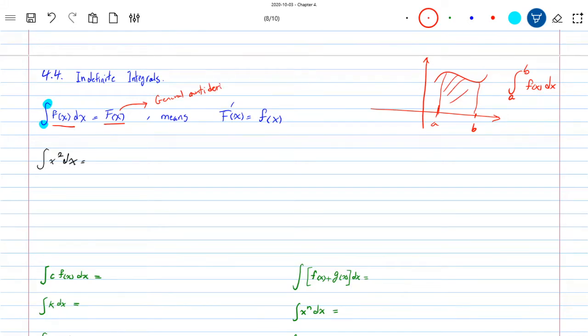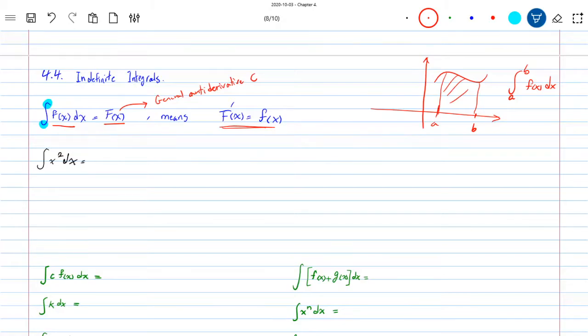If you remember from 3.9, the general antiderivative contains that constant c, the constant c that we add to the function. Because any constant that you add to the function satisfies this property that if you take the derivative of that constant, it will disappear.